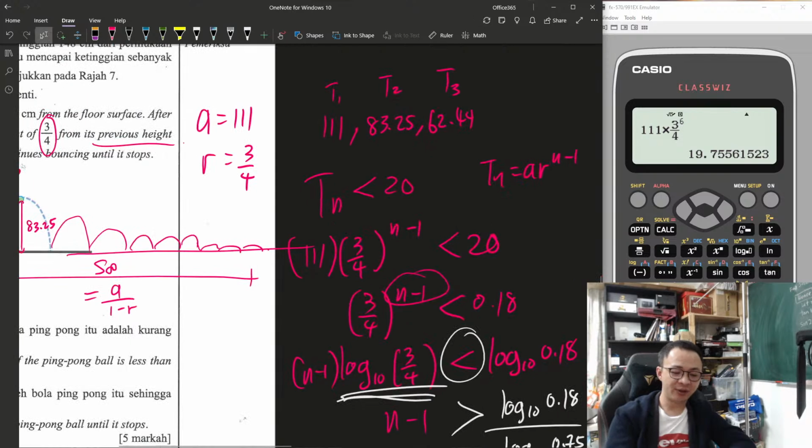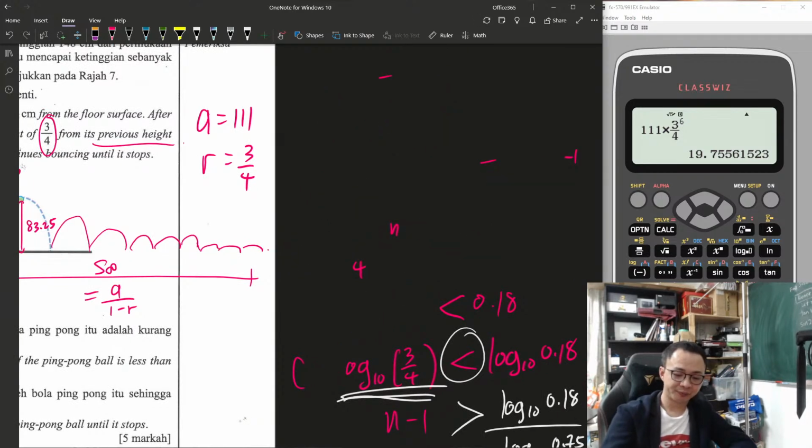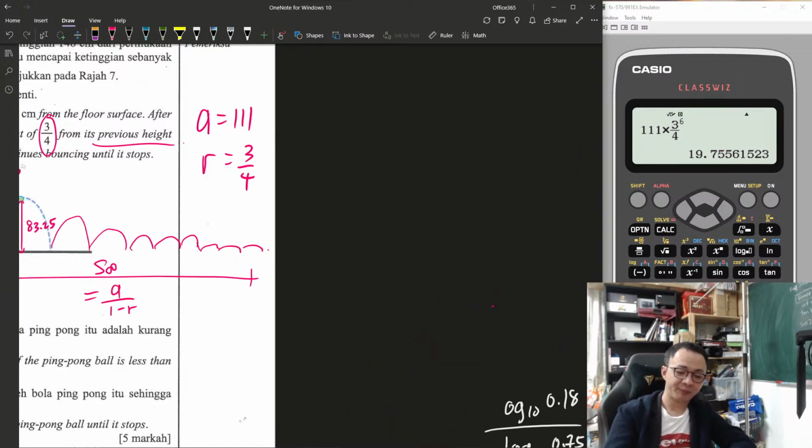Okay, so in order to find the total distance traveled, I will just do like this. Total distance traveled is 148 plus 2 multiplied by bounce and drop. So it's sum to infinity, a over 1 minus r.